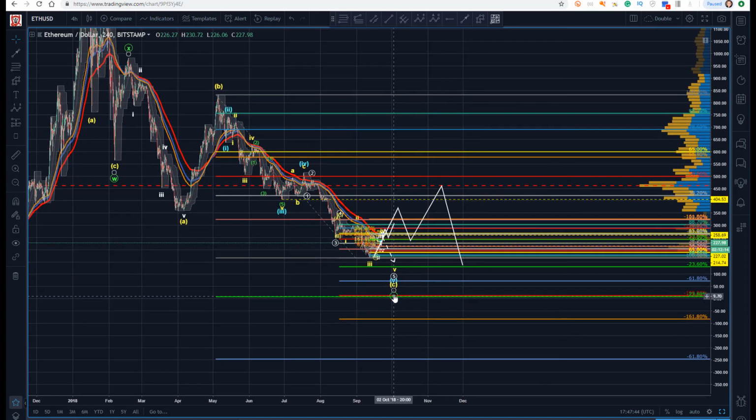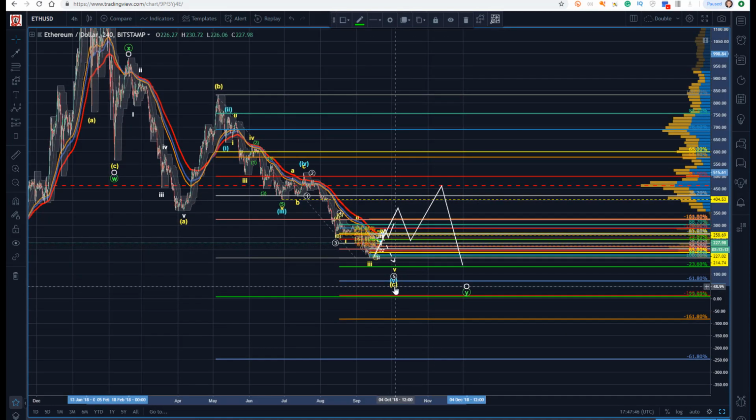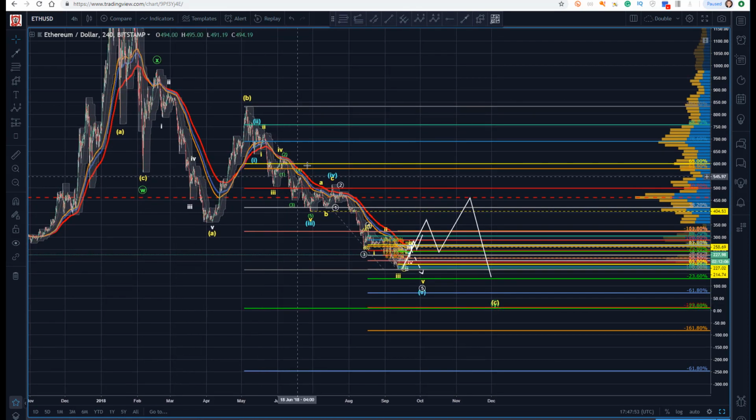So this Y wave here that we're trying to complete, all of this could go down. We'd have to be relabeling this. The problem is there's not a good 2 in here, but if we just go swing high to swing low and go where the algo is going to kick in, it's hard to argue with that. Until we get through that, we've got to get through this.